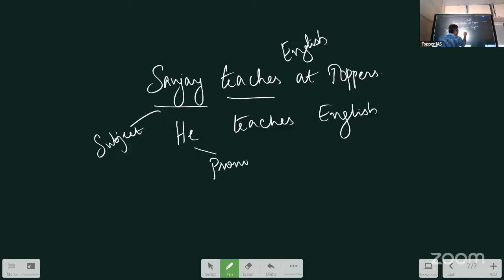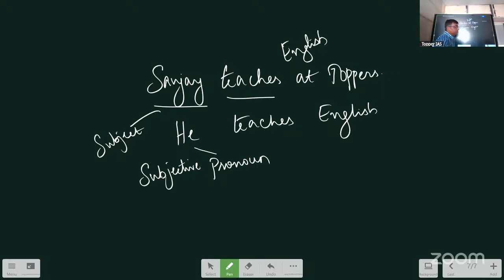It's a pronoun, but what kind of a pronoun is it? What did it replace? It replaced the subject. That's why it's called subjective pronoun. Why is it called subjective pronoun?